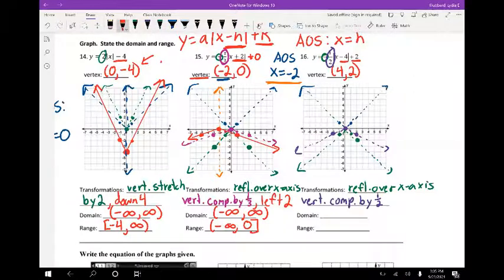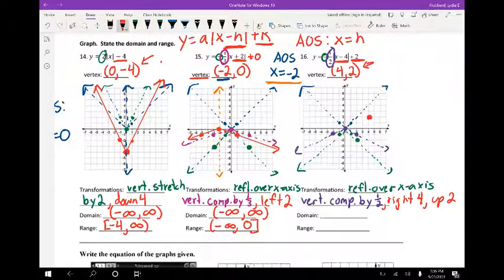And then we're going to look at the last ones. So that -4 on the inside, that means we're going the opposite of what we think. So we're going to the right 4. And that +2 on the outside means we're going up 2 because it's the same as what we think. So we'll take that purple graph to the right 4 and up 2. Now we want to double check that that matches our vertex that we wrote at the beginning, which it does.